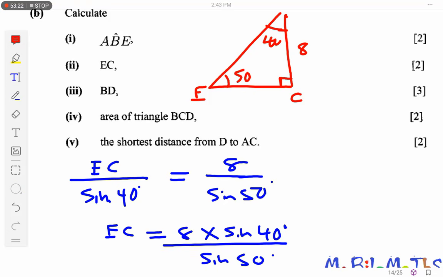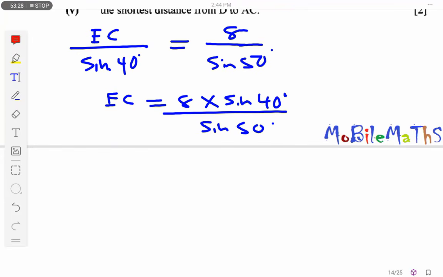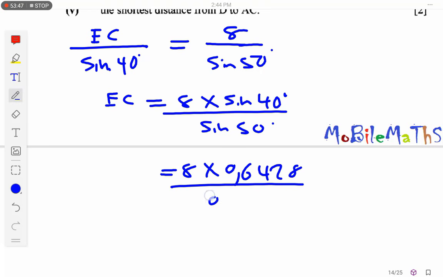Okay, so let's punch in our calculator. Sine 40 degrees is 0.64228, so this is 8 times 0.64228 over sine 50 degrees, which is 0.7660.